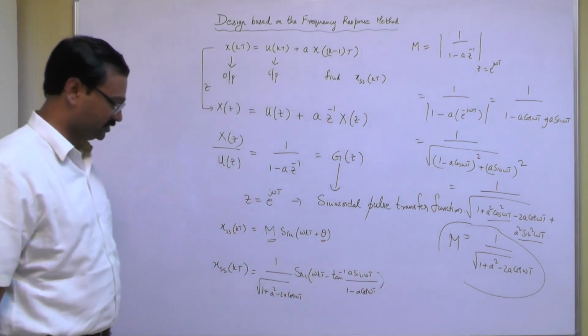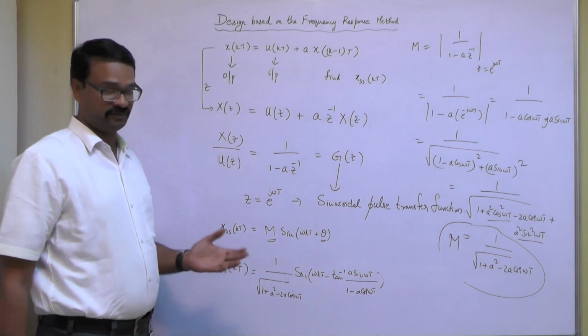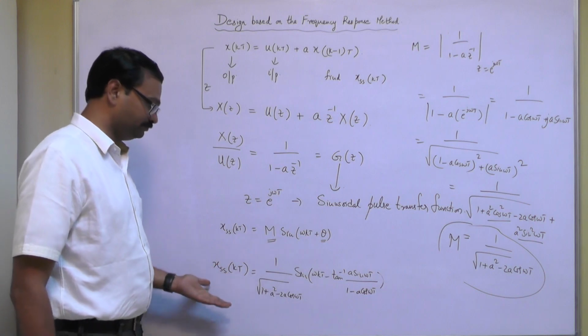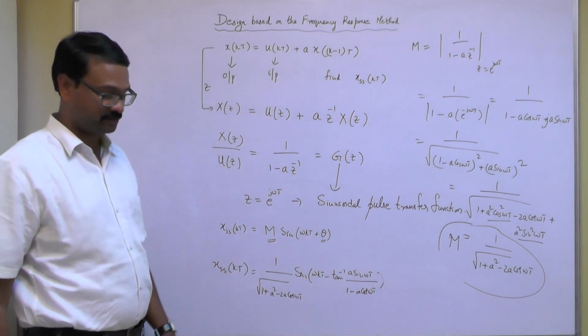So this is the steady state response of this system, and this is how we are going to design the frequency response by finding out the transient response and the steady state response.